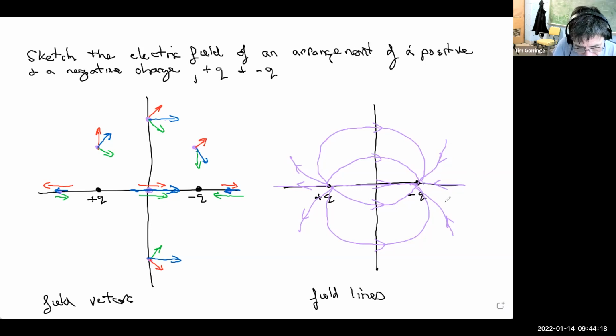You'll notice that if I'm close in to the positive charge, the field pattern starts to resemble that simply of a positive charge field with the field lines radially emerging outwards. And if you were close in to the negative charge, the field line pattern resembles that just of a negative charge with the field lines approaching radially inwards towards the negative charge.